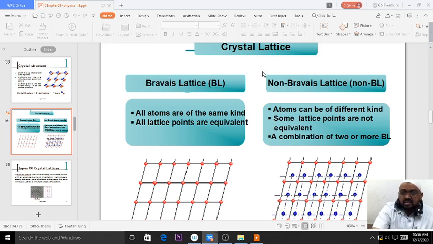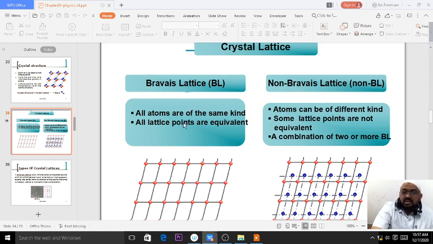These crystal lattices or Bravais lattices have been classified depending upon the arrangement of the lattice points or the atoms. They have been classified in two categories, that are Bravais lattices and non-Bravais lattices.